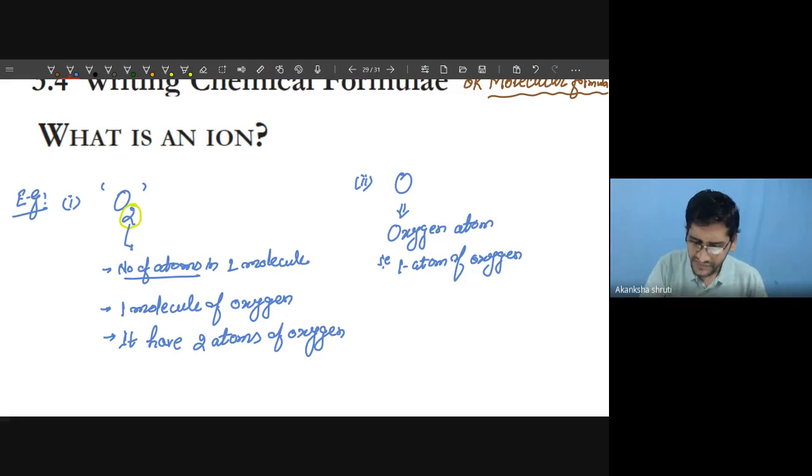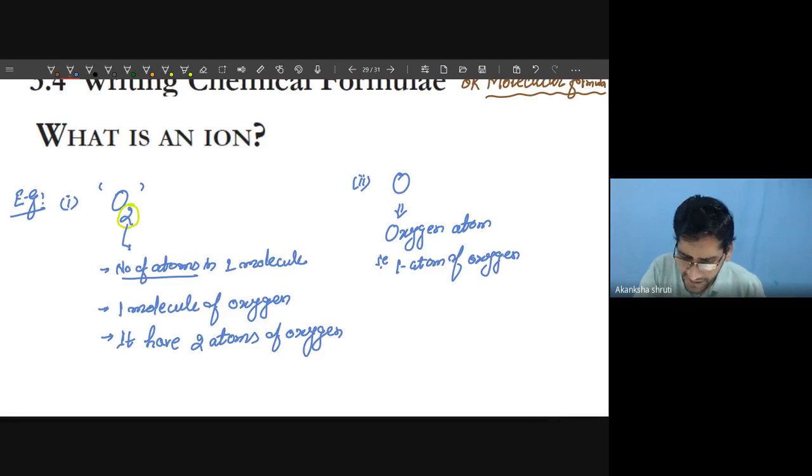Okay, students? The third one, if I am writing 2O, what does it represent? Can it be called a molecule? No. Good.